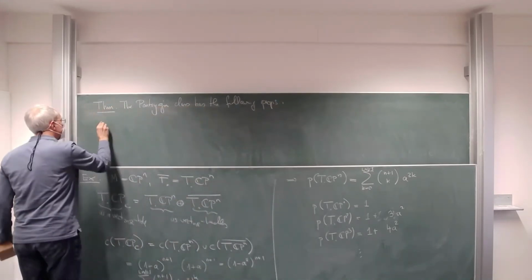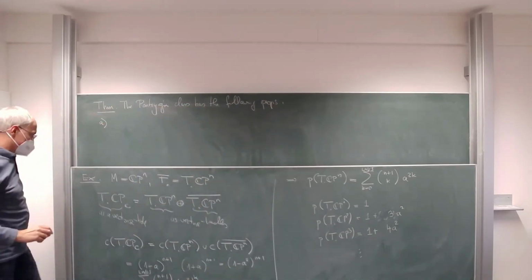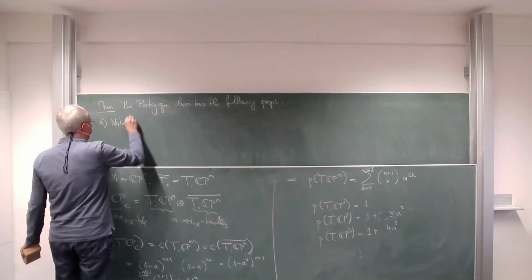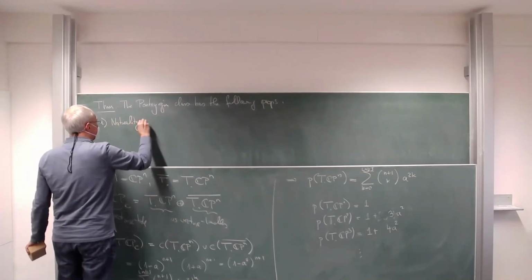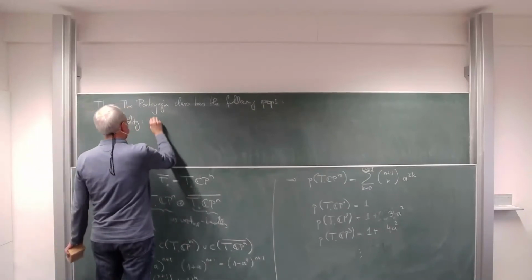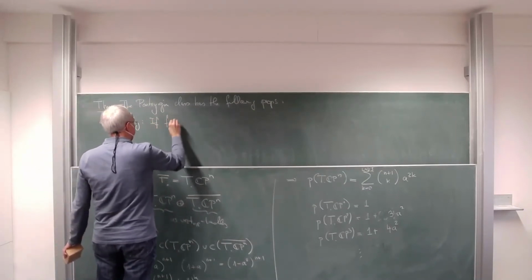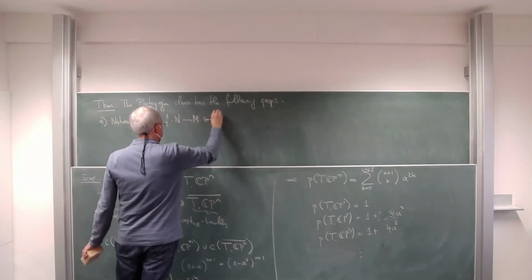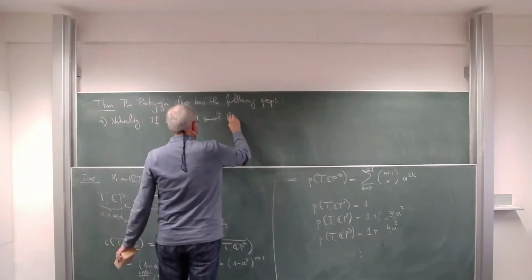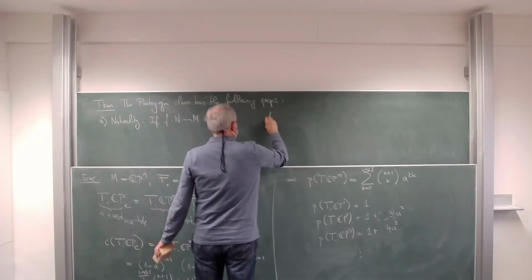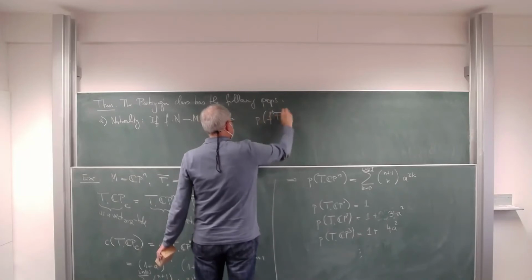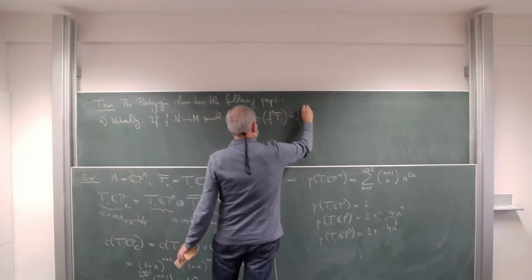First of all, it's natural. Naturality, meaning that if f from N to M is smooth, then if I pull back a bundle along f and take its Pontryagin class, then that is the same thing as the pullback.